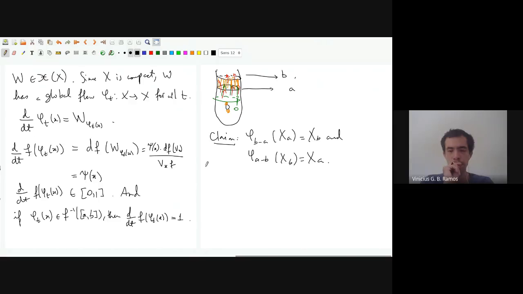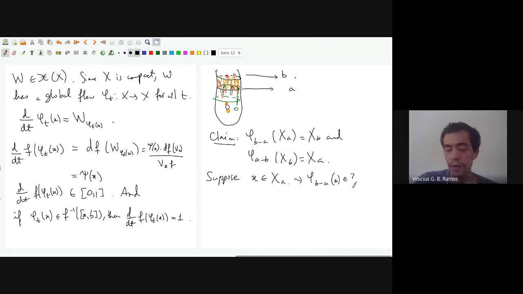So let's suppose x is in x_a. Now let's see where phi of b minus a of x belongs.